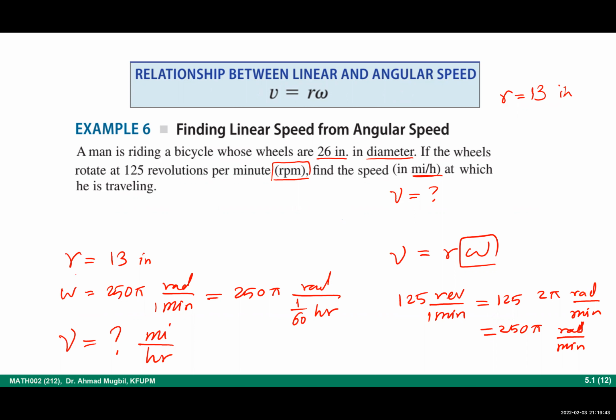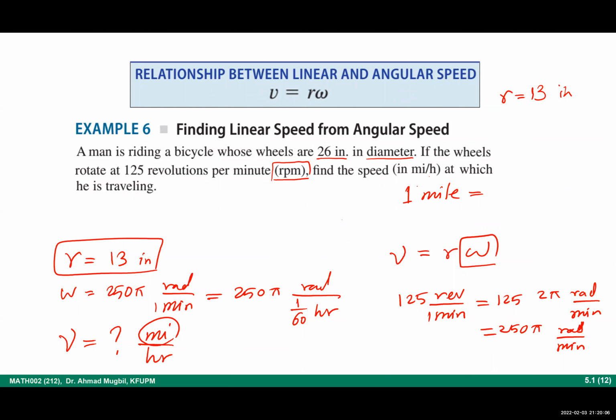The question now is how to convert the 13 inches to miles. You need to know how many inches are in 1 mile. This is a huge number. This is just for your kind information, because one day you will be an engineer, so it is good to have an idea about these American units.